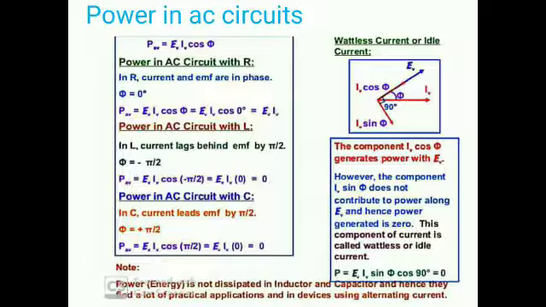Now power in a purely inductive circuit. In a purely inductive circuit, current lags behind EMF by pi by 2. Phi is equal to minus pi by 2. So average power will become 0 as cos pi by 2 is 0.